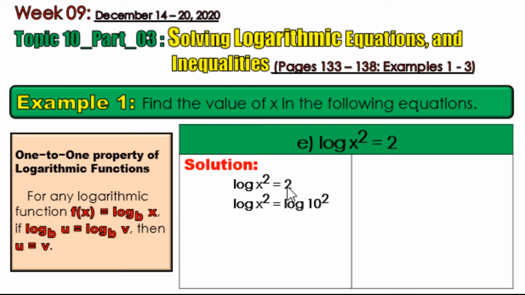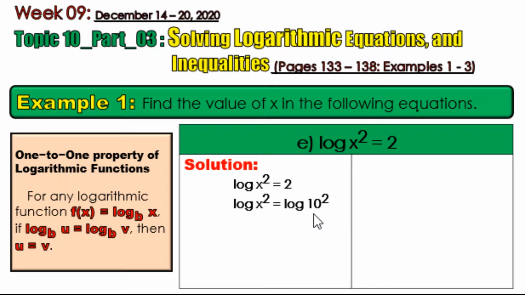So for us to get 2, we have the base of the argument, which is also 10, and raise it to positive 2, so that by applying the basic property of logarithms, the value of that is positive 2, which is the exponent of 10, the exponent of our argument. So therefore we can have logarithm of x squared is equal to the logarithm of 10 squared.